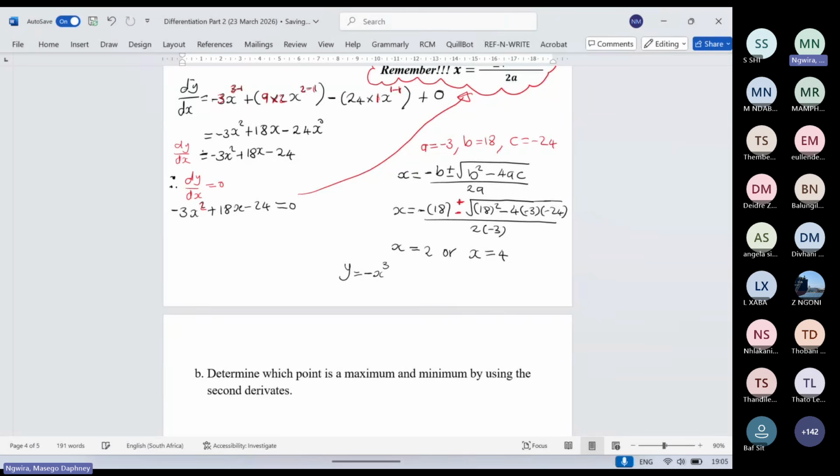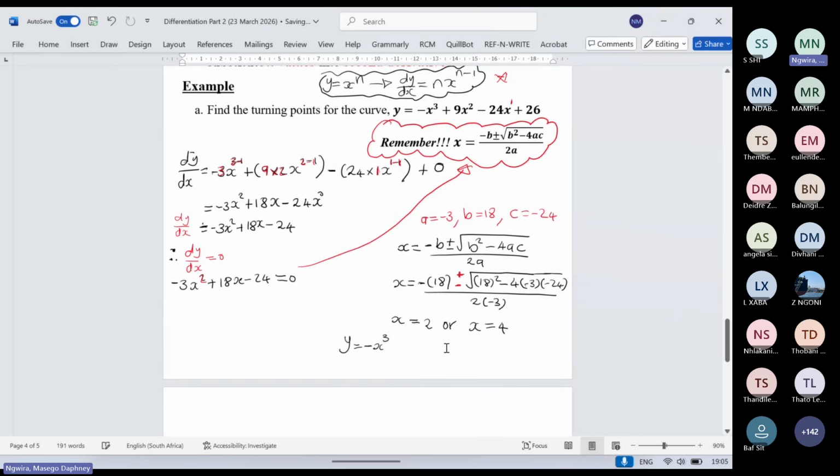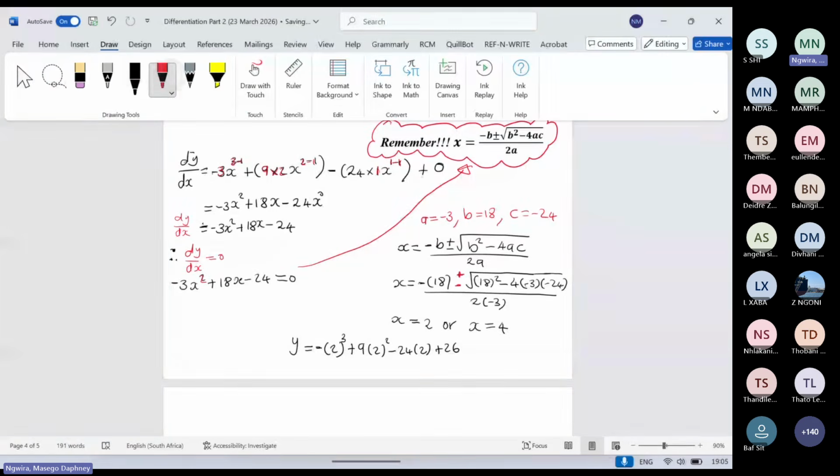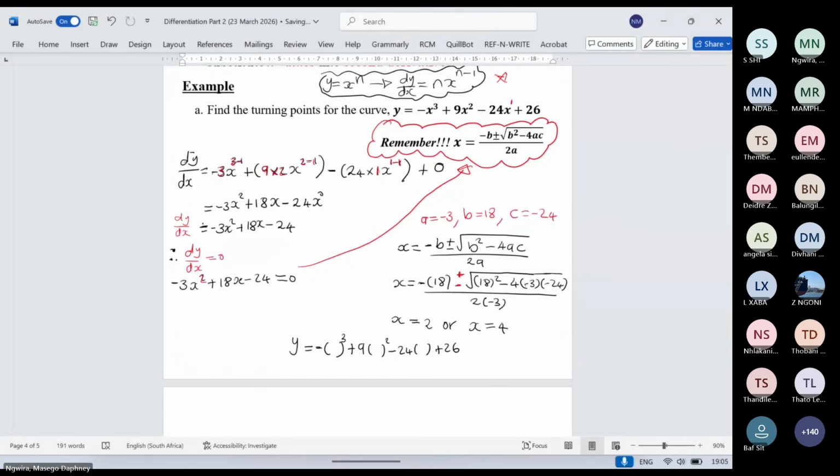So y is equal to negative x cubed plus 9x squared minus 24x plus 26. You substitute into the original. We said my x is 2, so this will be negative 2 to the power of 3, plus 9 times 2 to the power of 2, minus 24 times 2, plus 26. I am using 2 to look for the y of this 2.